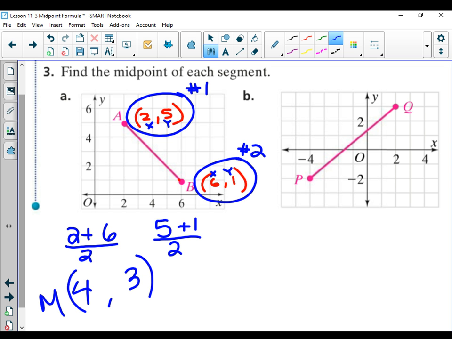That is M, midpoint, which means if I want to find the middle of Allie's house and Bryn's house, I would stop at forward 4, up 3. You could have counted that. Like Isabel said before, can't you just look at it? Yes, for this one, and it was the easiest one to start with. Our backup is to know the formula for when it's not so easy.